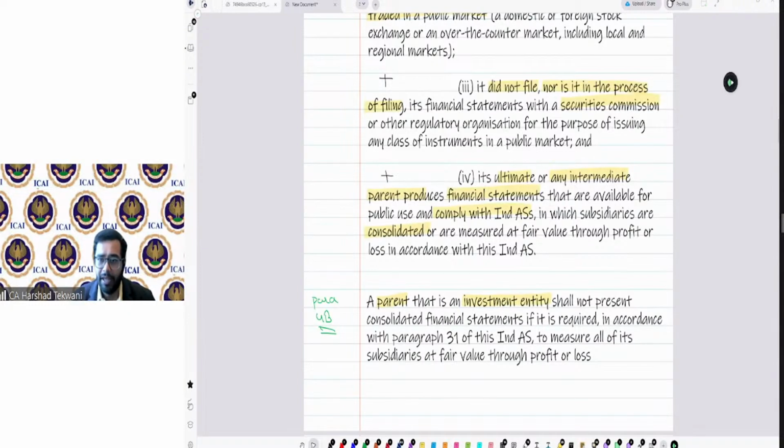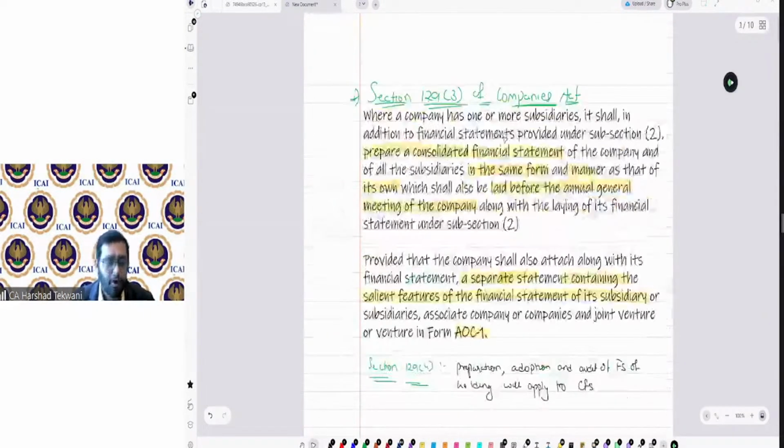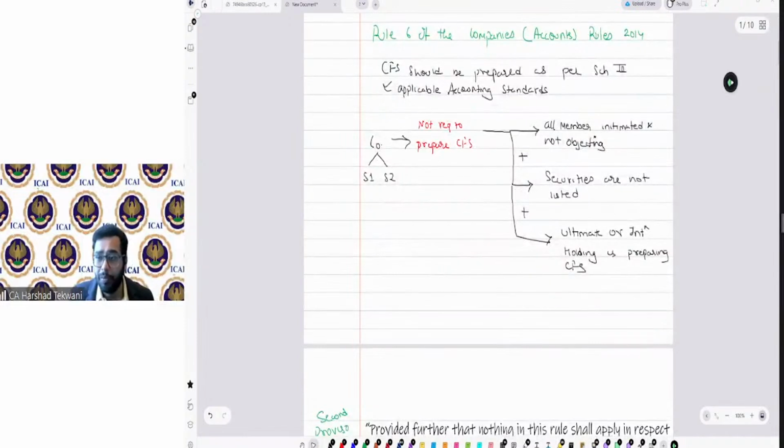Is there anything further? Anyone, guys? Any doubt with respect to whatever we have discussed now? We are just discussing the scope of consolidation preparation where it is exempted, and where it is mandatory to prepare the consolidated financial statement.